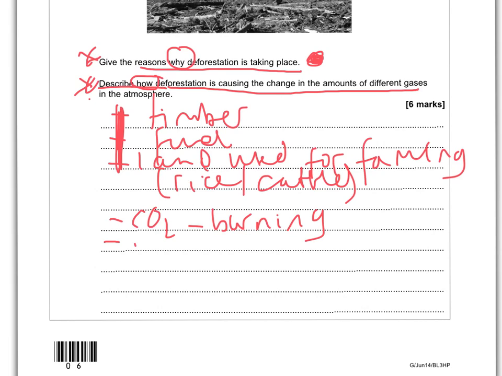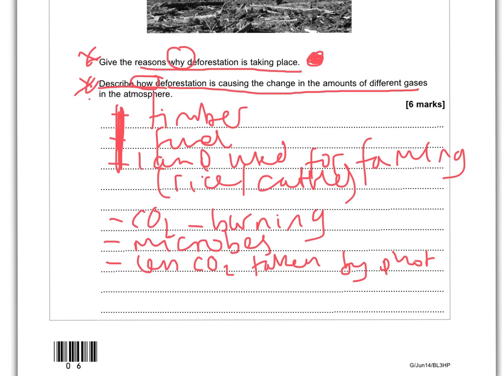You could also mention that microbes decompose the wood. They give out carbon dioxide as well. You could also mention that less carbon dioxide is taken in by photosynthesis because the trees have gone. That will get you a mark.